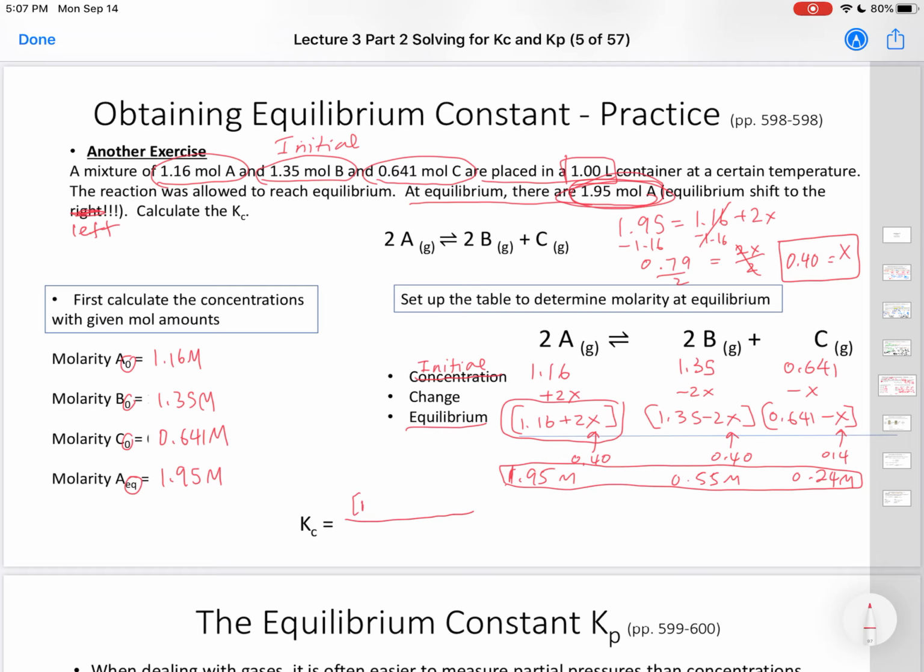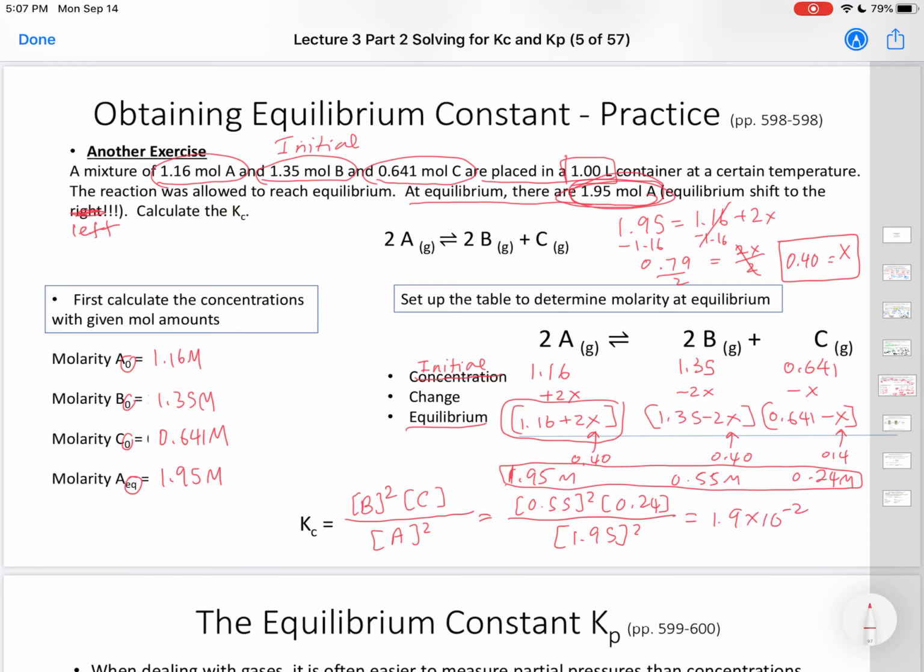So Kc is products divided by the reactant. Okay, so this comes out to 0.55 squared times 0.24, okay, divided by 1.95 squared.